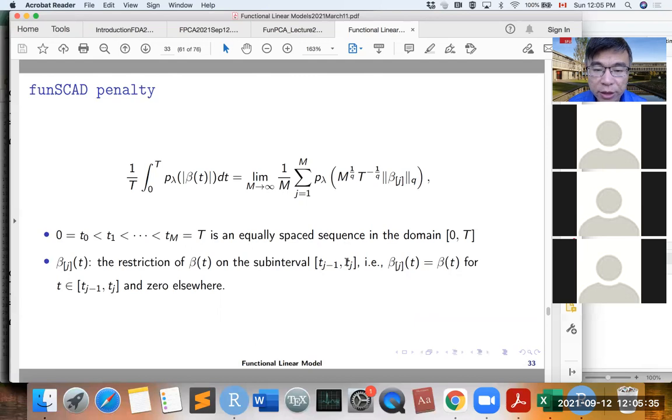This is what the functional Scad penalty looks like.